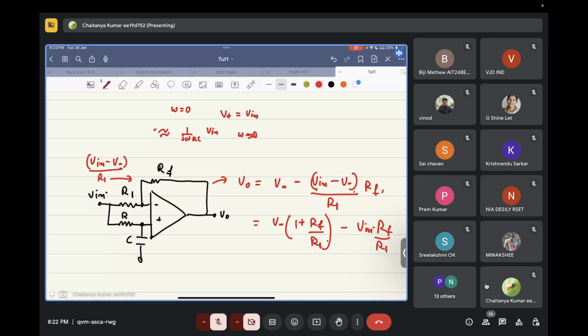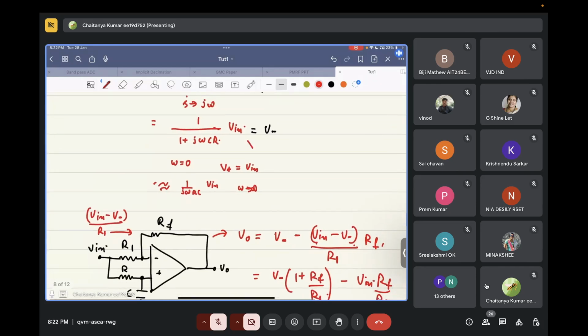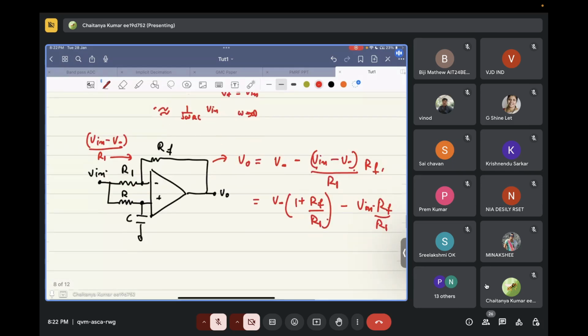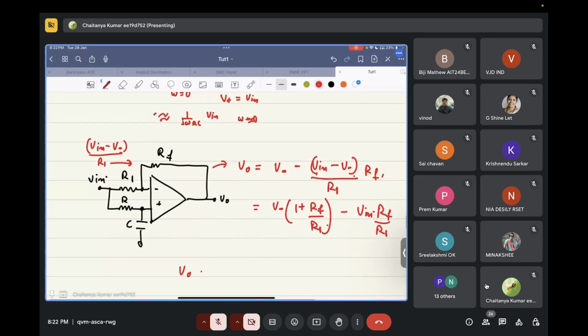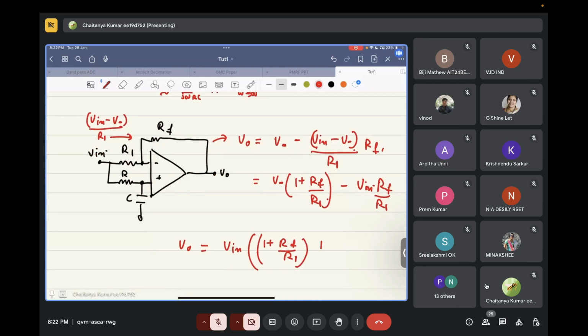Okay, so V minus we can substitute from here. So our output voltage will be equal to Vin times 1 plus RF by R1 times 1 upon 1 plus j omega RC, minus RF by R1.